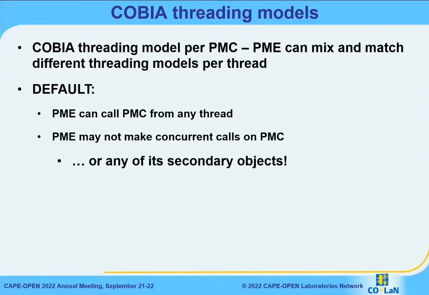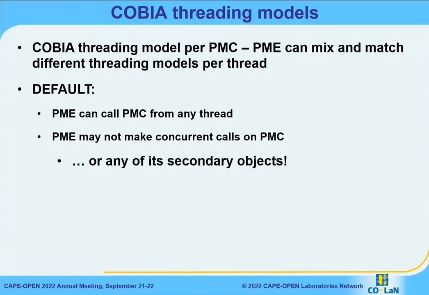There is the default COBIA threading model, and in the default COBIA threading model, the PME can access the PMC from any thread. It may, however, not make concurrent calls on the PMC. So this is different from the Windows free threading model. The Windows free threading model allows concurrent calls from different threads on the PMC.